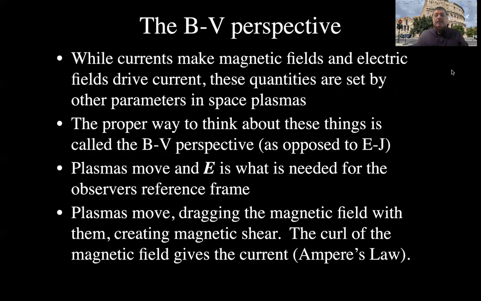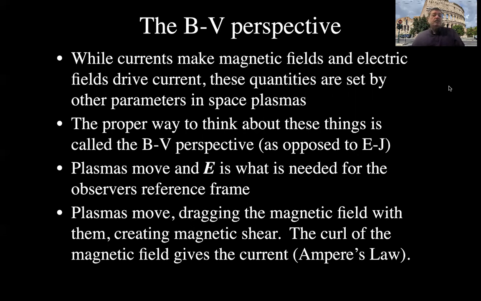So in space plasmas, we have what's called the BV perspective. Yes, currents make magnetic fields and electric fields drive currents, so E and J being the current. But in space plasmas, those quantities are set by other parameters. So there's something called the BV perspective, B the magnetic field and V the velocity of the plasma. The plasmas will be under various forces and they will move in response to the net force applied to the plasma.